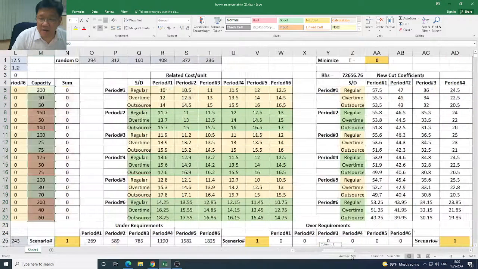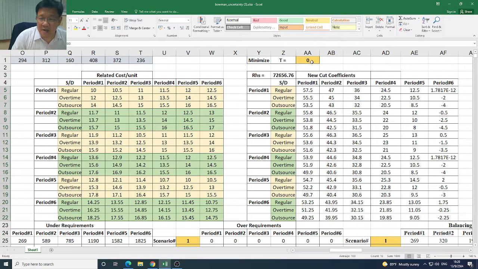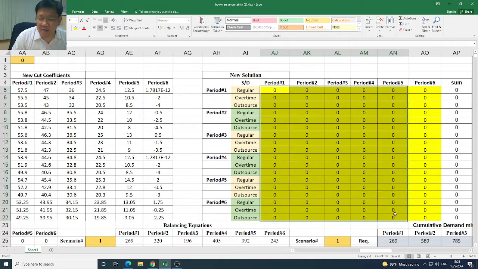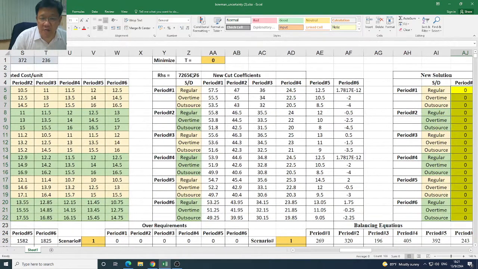And the t, once you subtract the sum product of the cut coefficients with the new x value that you want to find here, needs to be greater than or equal to 72,656.74. Where does this number come from?